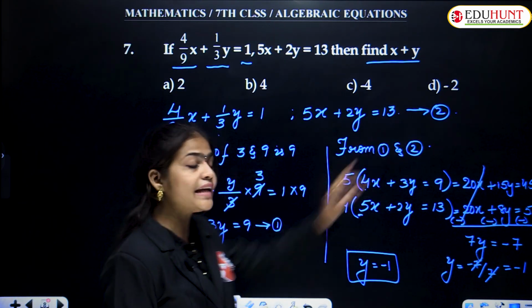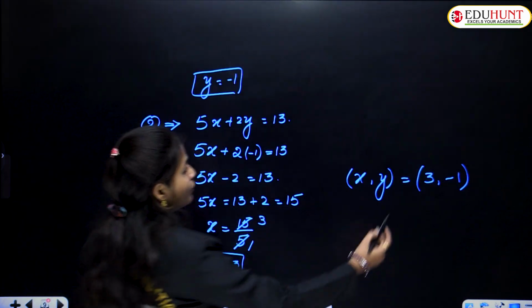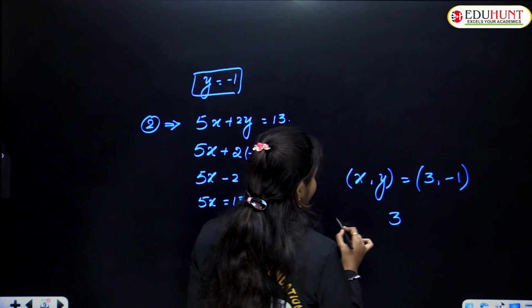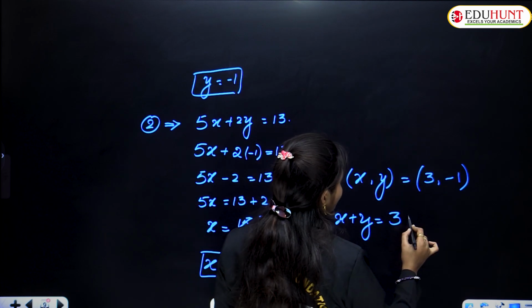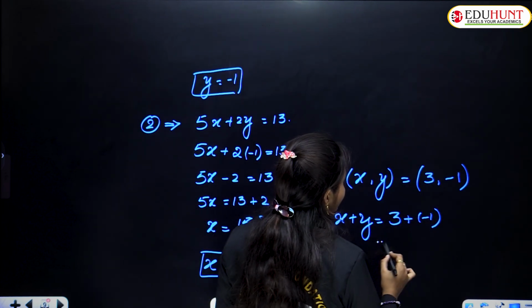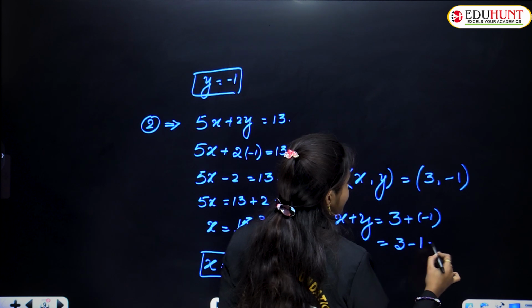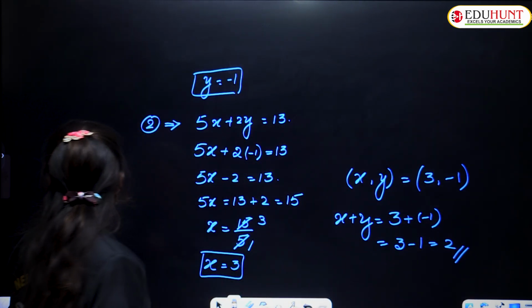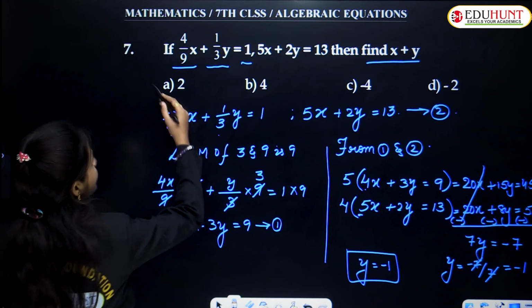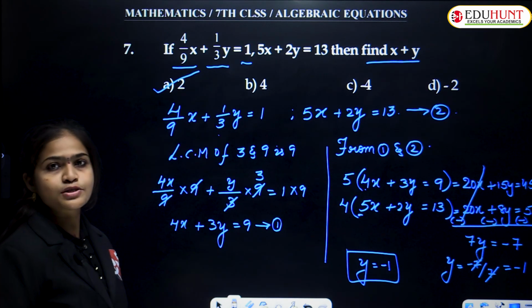Now we need to find the x plus y value. So x is equal to 3 and here y is equal to minus 1. So which is equal to 3 minus 1, which is equal to, the answer is 2. Okay. So which option is correct, must see here? Yes, the first option is correct. That is 2.